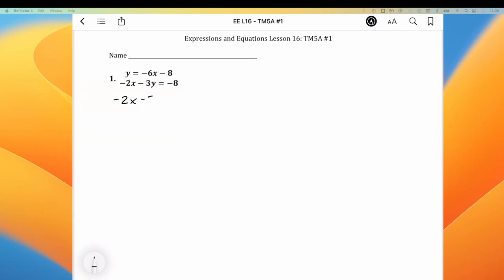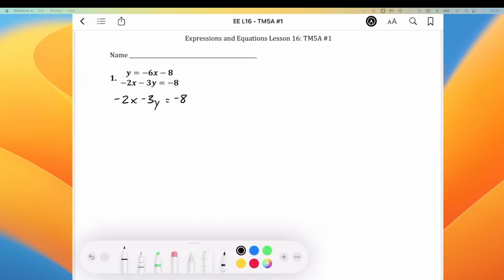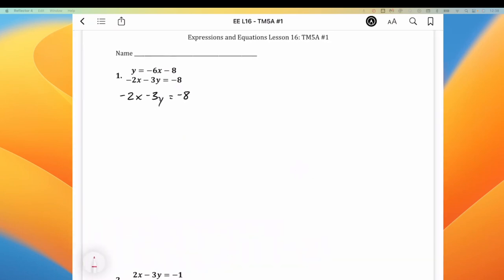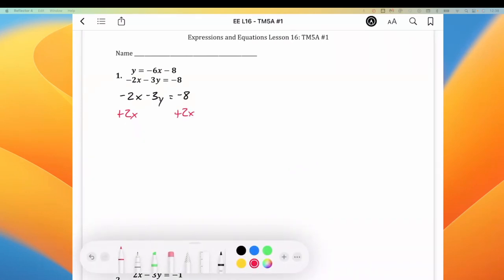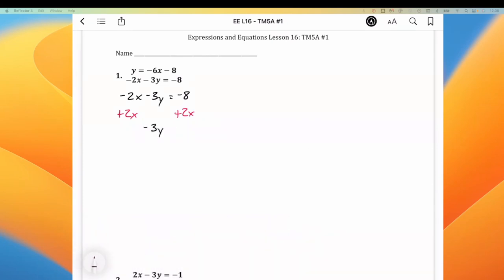So we have negative 2x minus 3y equals negative 8. We want to get the y by itself, so we're going to add 2x to both sides. And we're going to get negative 3y equals 2x minus 8.